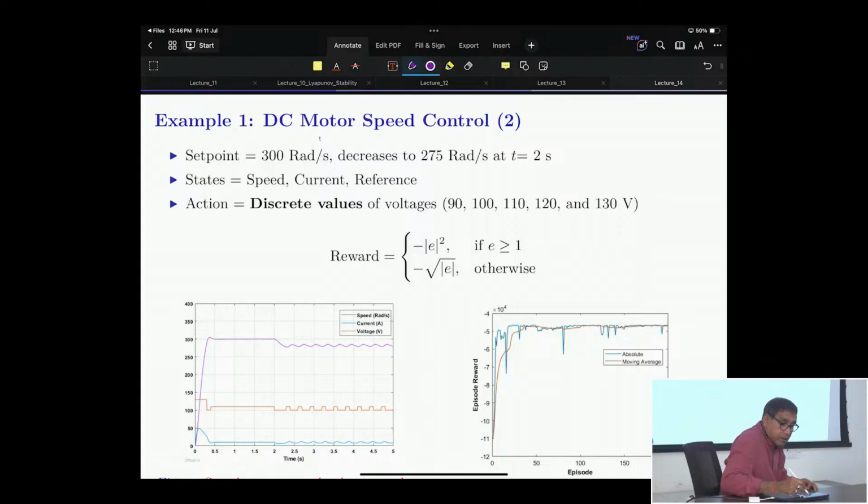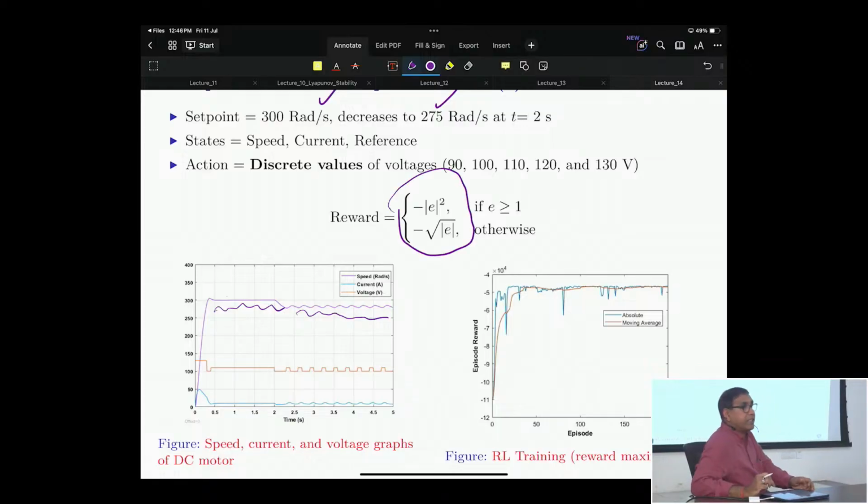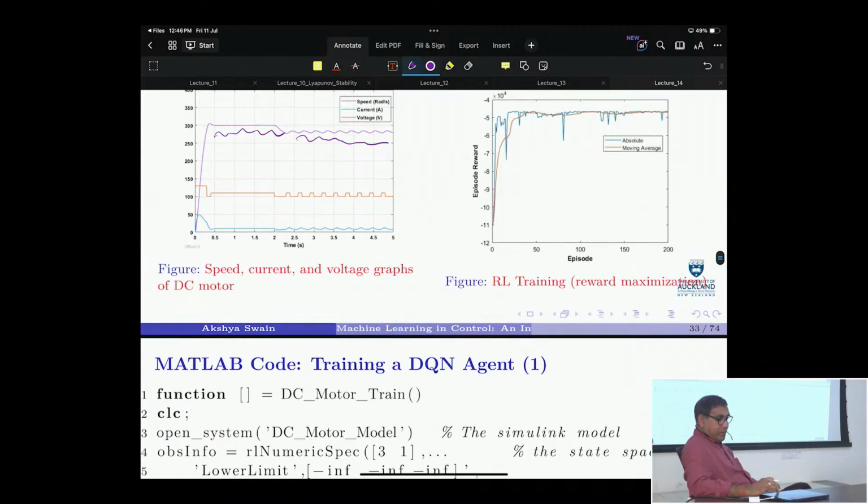Then it changed to 275 radian. Now see here, and then it changed to here. The reward function is here. The reinforcement learning controller is working. MATLAB code is there.